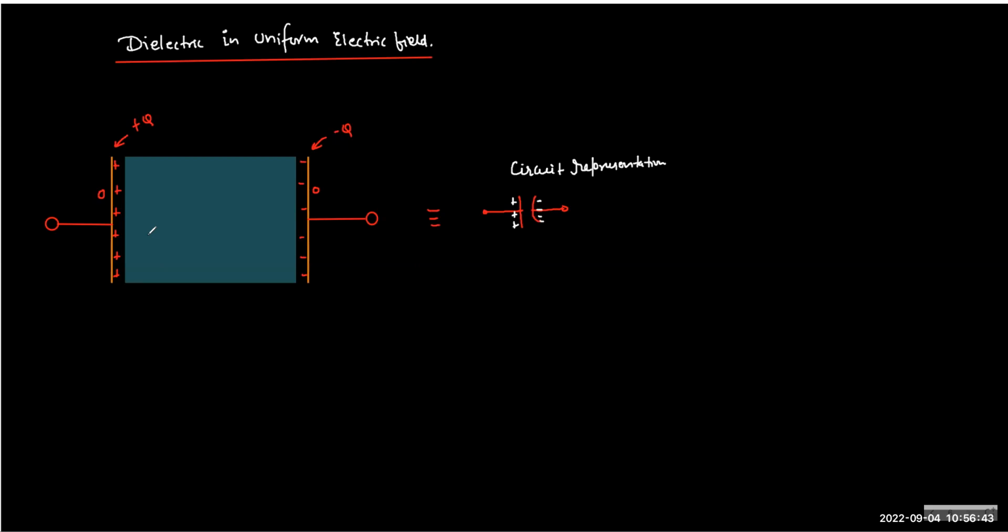So oval means it is a polar one, and the round shapes, circles, are meant for non-polar. Now, no matter which dielectric you use, the behavior will be somewhat similar.